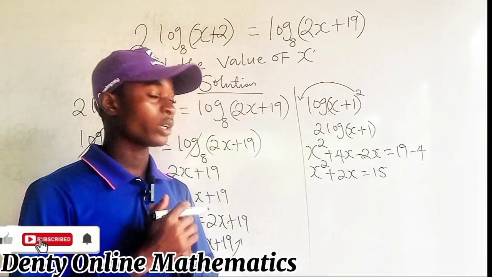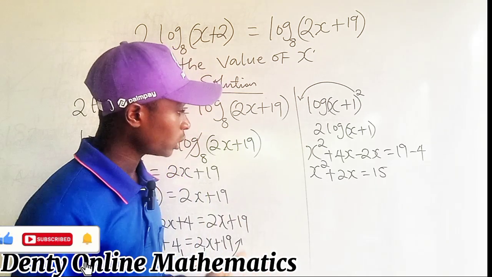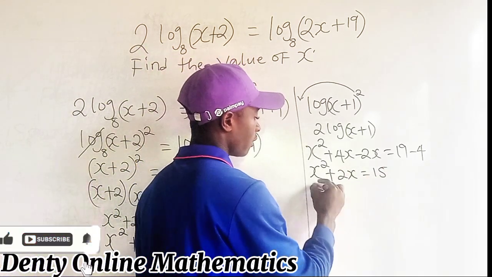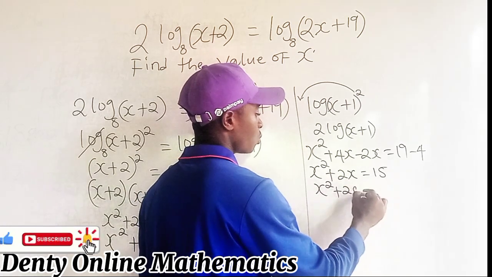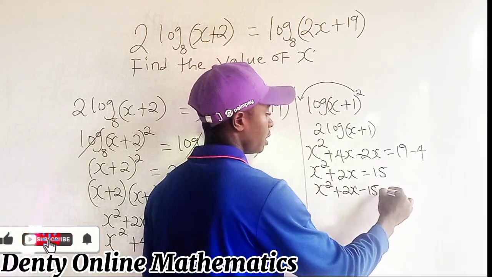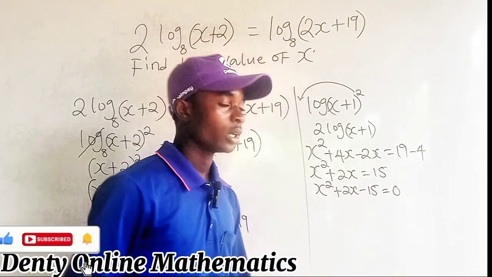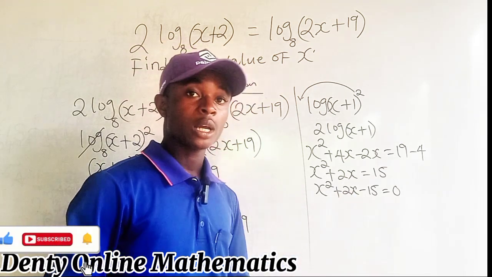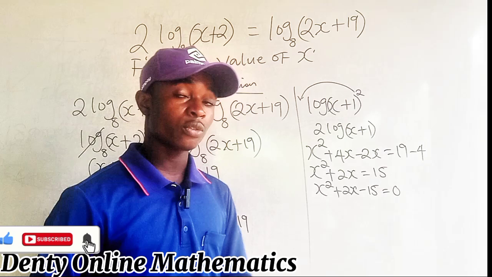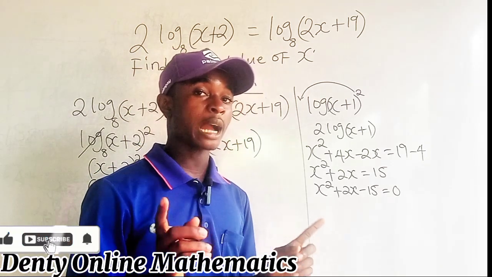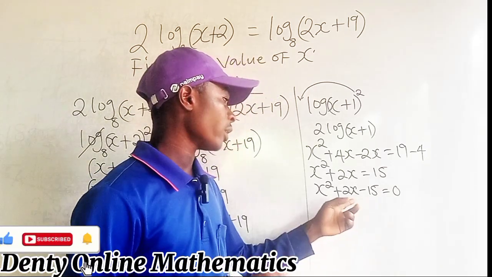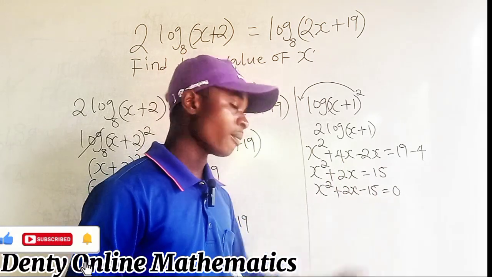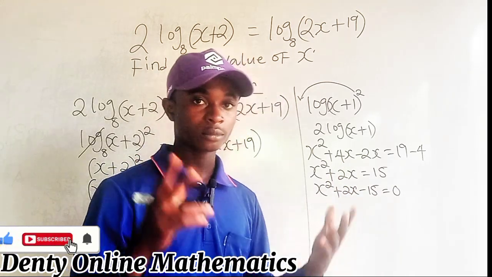Now we have a quadratic equation here, of which moving this to the other side, we are going to have x squared plus 2x minus 15 equal to 0. Now at this point, we are going to factorize this equation. To factorize this, we are going to look for two factors that if we add them, we have 2, and if we multiply them, we have minus 15.